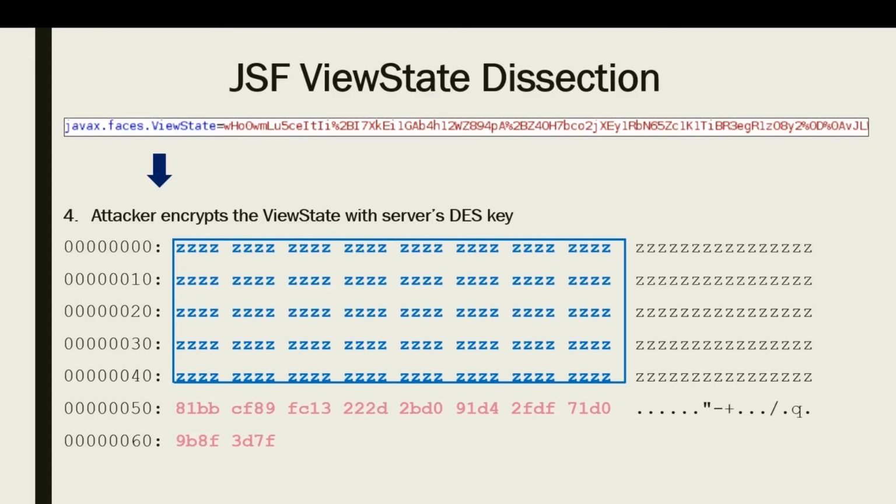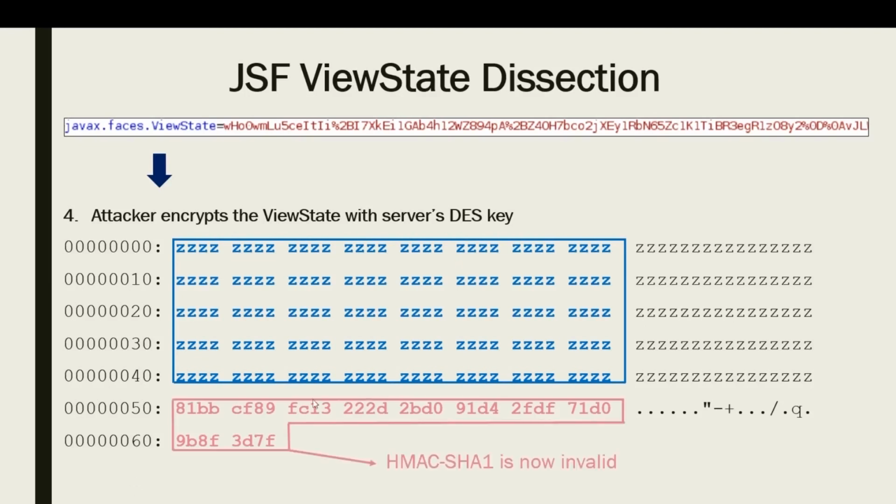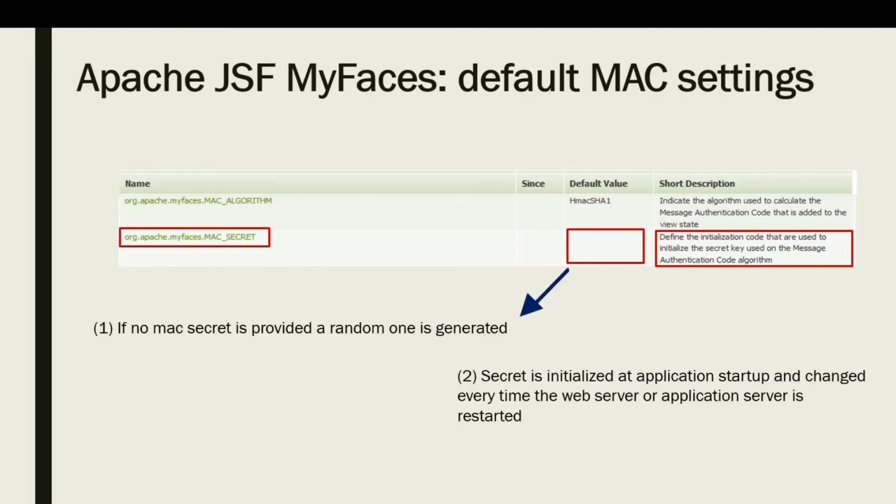With the oldest versions of MyFaces, this was enough to exploit the arbitrary deserialization vulnerability. But as the most recent versions of the framework protect the view state by appending a message authentication code, this is not possible anymore unless the attacker finds a way to discover the HMAC key too. The default behavior of MyFaces is to generate a random HMAC key if one is not provided.